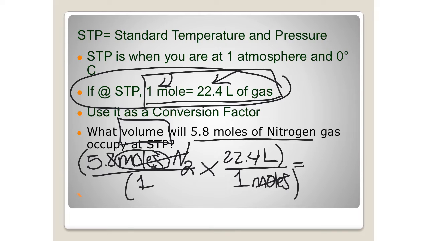In your calculator, you're going to plug in 5.8 times 22.4, and hit plug and chug, and you should get 129.92 liters. So you can do this anytime a problem states that you're at STP and you want to convert between volume and moles.